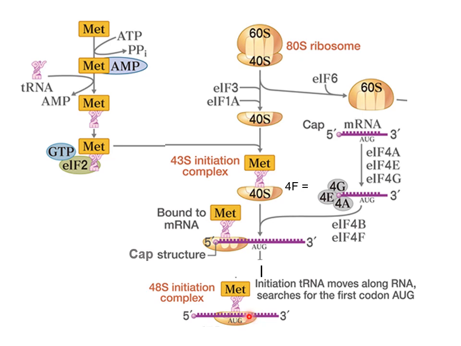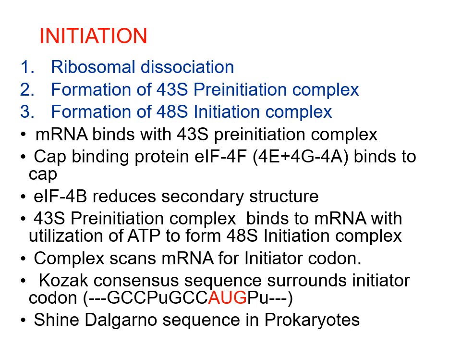This may occur with the 5' most initiator codon, but the precise initiator codon is recognized with the help of a sequence called the Kozak sequence surrounding the initiator codon.